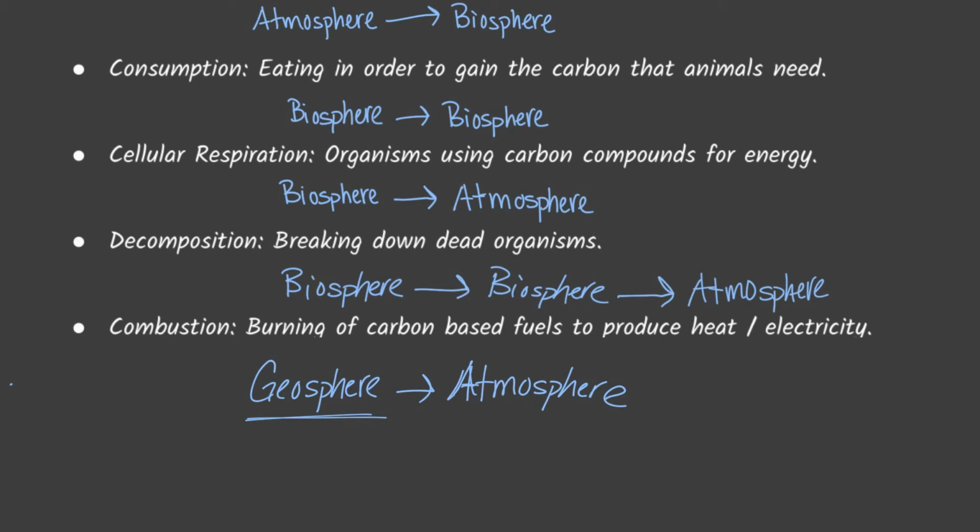And what humans have done is taken all this trapped carbon and released it in mass amounts back into the atmosphere. And it's at a level where the carbon cycle is no longer balanced. Plants can't take in the amount of carbon that we are releasing. That carbon is building in higher and higher concentrations in the atmosphere. And since it's a greenhouse gas, the Earth is warming. It's trapping in that heat.